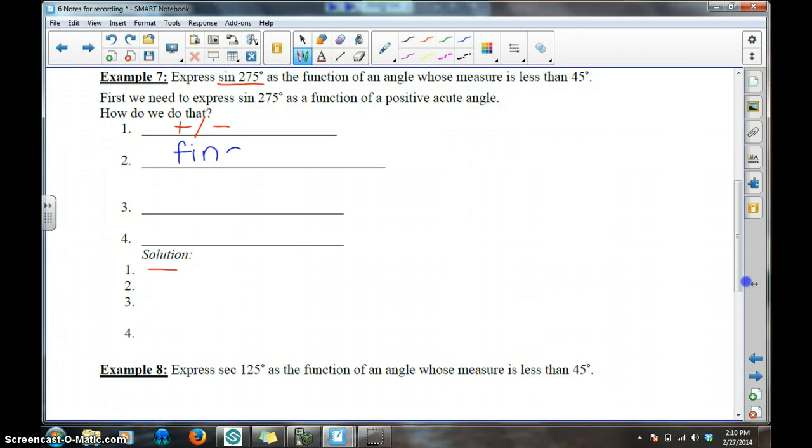So I'll be working with the sine of a reference to 275. The reference to 275 is 85.